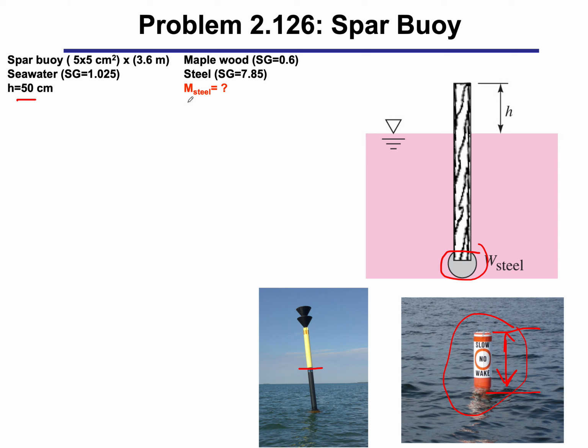And the solution is actually easy. The spar buoy is under static equilibrium. So we'll do a free body diagram for this system, so it's not a gate, it's the spar buoy. It is under static equilibrium. So that's the buoy.